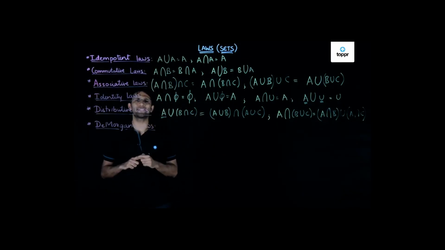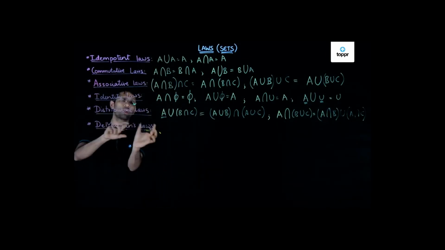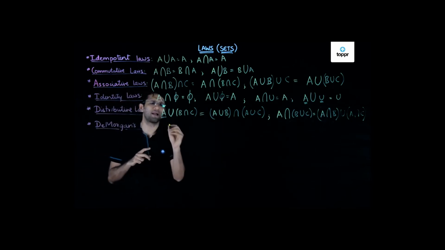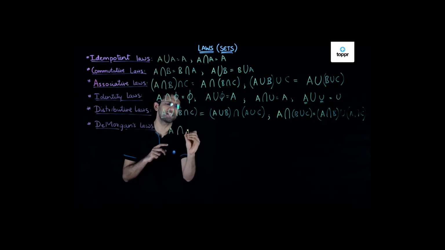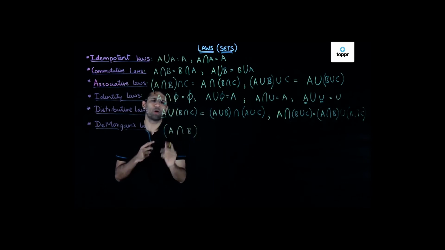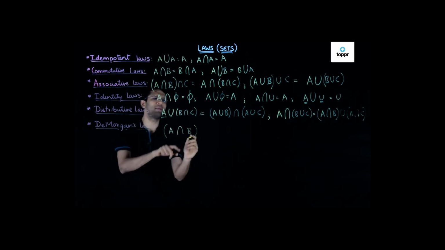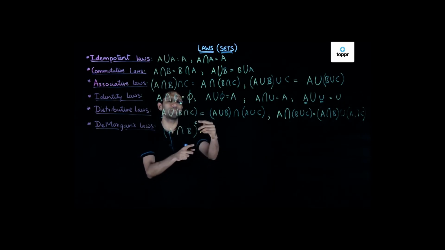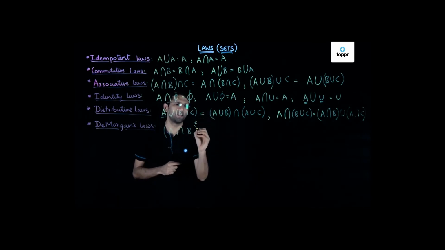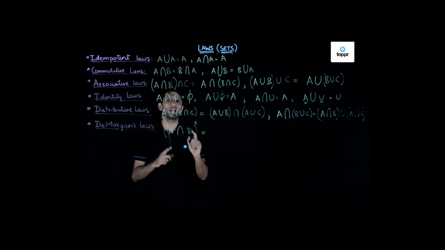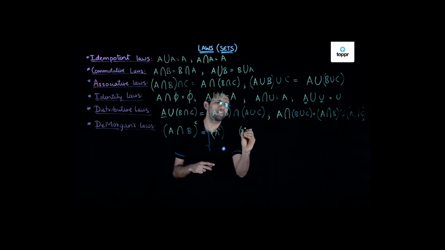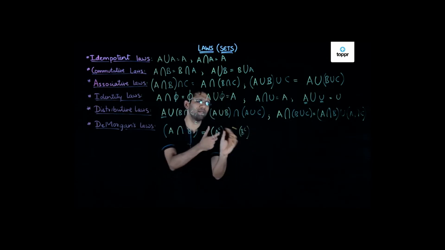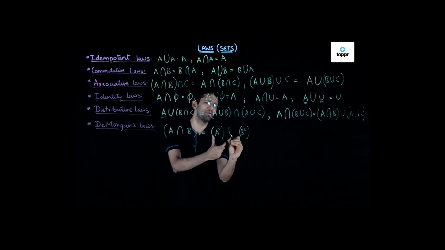Let us look at the next set of laws that come under the category of De Morgan's laws. And these laws state that whenever we have two sets A and B, and suppose we perform the intersection of sets A and B, then if we obtain the intersection of sets A and B and then perform its complement, where the superscript C denotes the complement, then the set obtained is exactly equal to the set that we obtain after performing complement of set A, then performing the complement of set B, and then subjecting these resulting sets to the union operation.